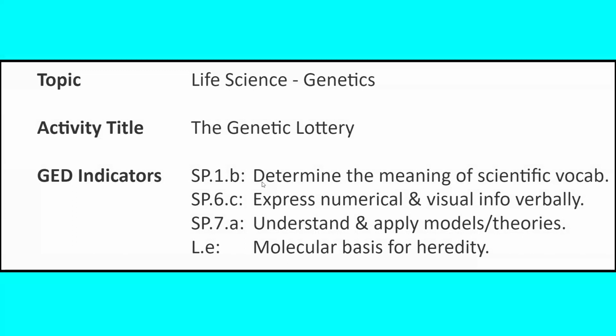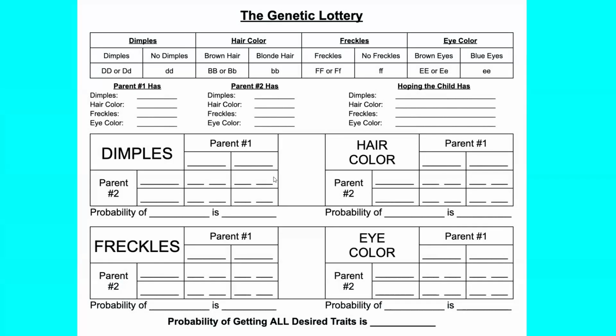The never to be forgotten genetics part of life science and the genetic lottery. This one is super fun. It's a designer baby. The students decide what traits the first parent has and what traits the second parent has, and then what they're hoping that child would have.